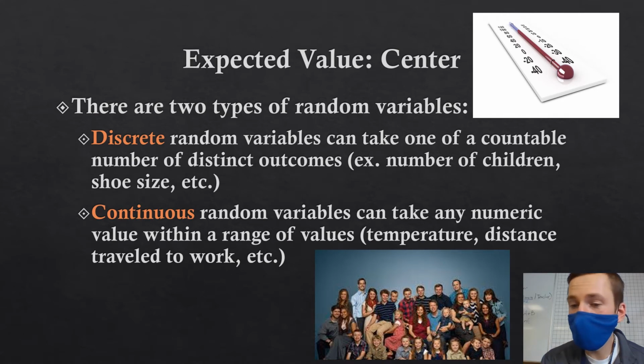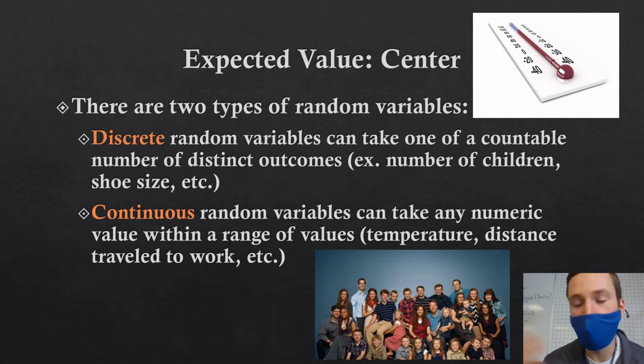When it comes to random variables, we have two primary kinds. The first one is a discrete random variable, and this is where within a range of values, we have a countable number of possible outcomes that variable can take on. So for example, number of children is going to be an integer value: 0, 1, 2, 3. If our range of values is between 0 and 5, there are numbers within that range that our variable cannot take on.